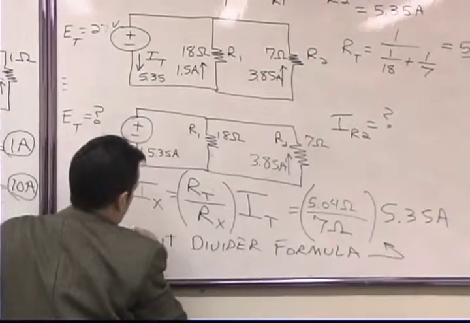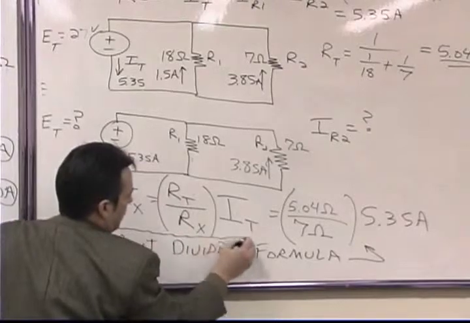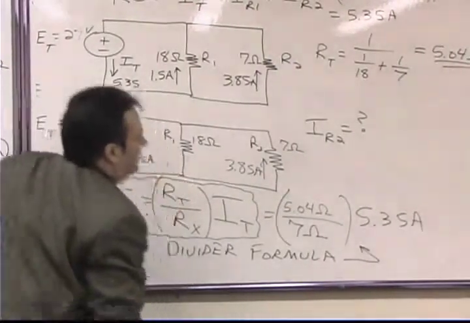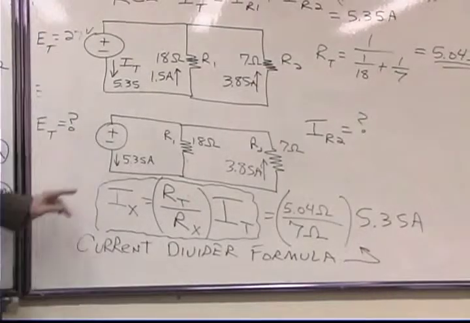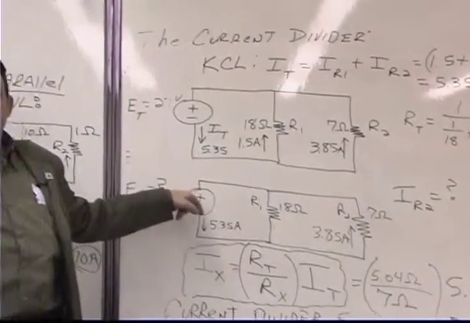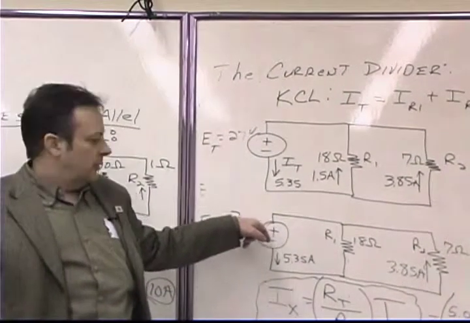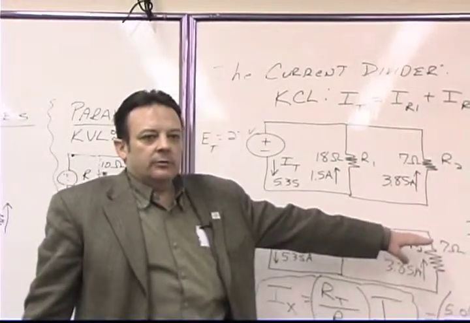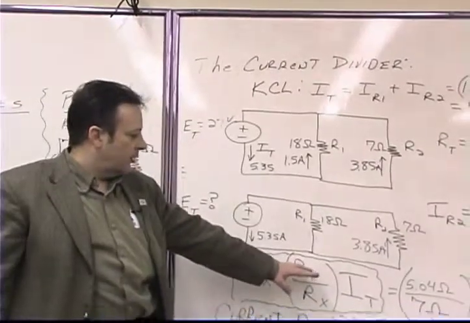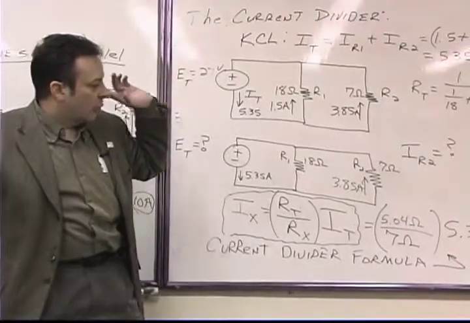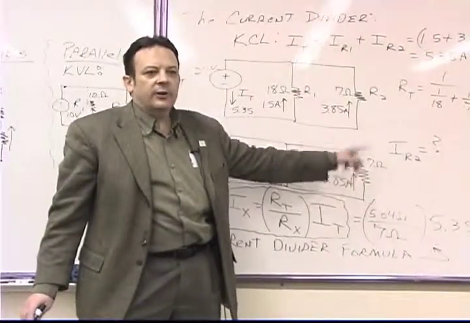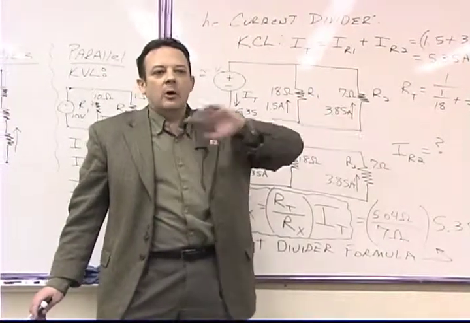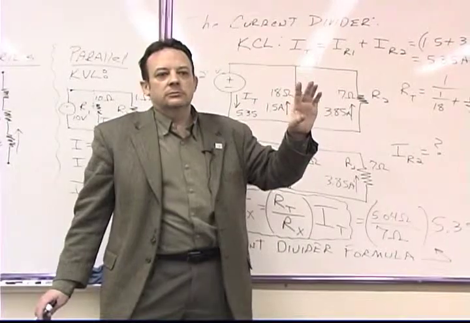I'll put a squiggly box around it. That's that formula right there. If you know the current that's flowing out of your main panel, and you know the resistances of your loads, you can use the current divider formula to go directly to one of your branches and figure out what the current should be flowing there without knowing any voltages. Okay?